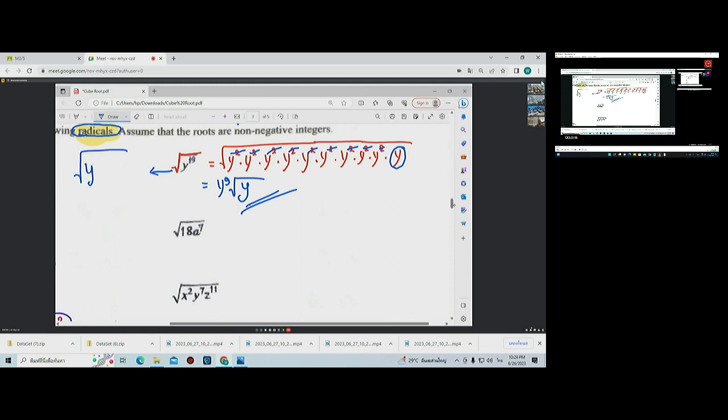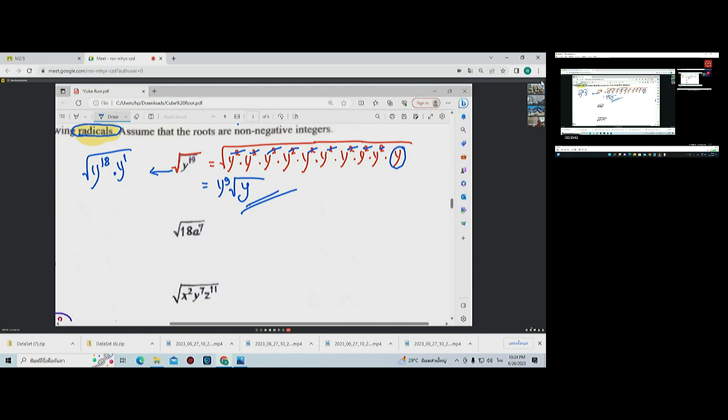Y, okay, y power 9 square times y. You can do it like this also, because you can extend it. Okay, let me expand. Y power 18, take the even number out. 18 plus 1 makes 19, isn't it?